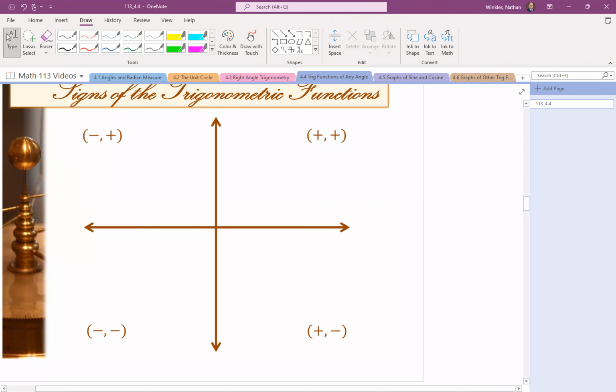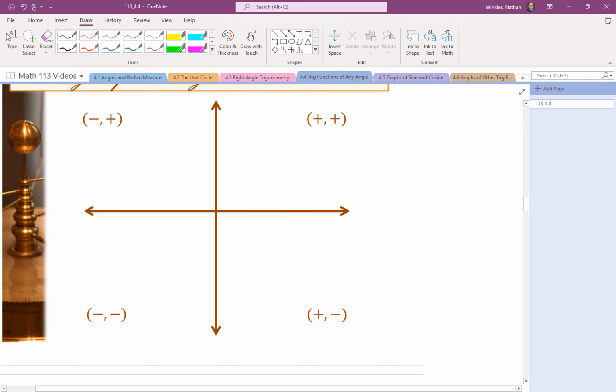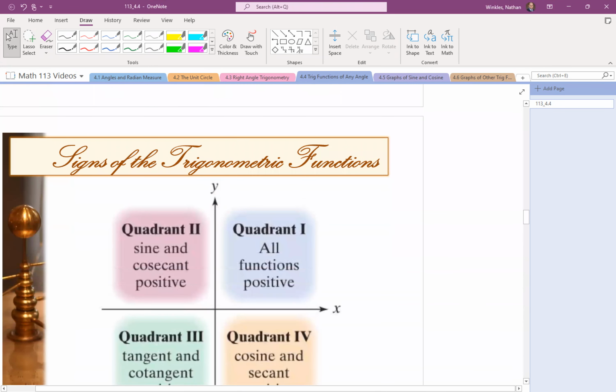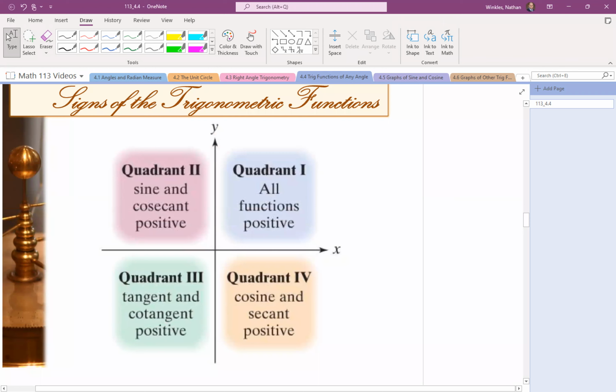So one thing to note for all of our trig functions, they're just like our x's and y's from our old school ordered pairs. This is what our x's and y's look like for plus plus, minus plus, minus minus, plus minus. Another way of looking at this would be in terms of sines and cosines. In quadrant 1, everything is positive. Don't care what it is, it's all positive.